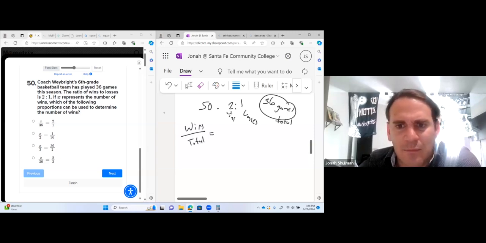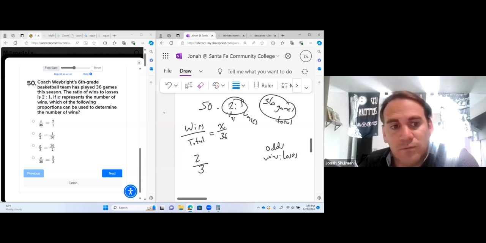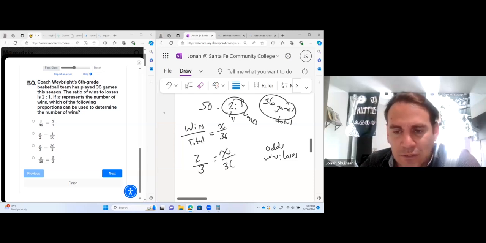Then I can figure out how many wins we have out of the 36. So we have 2 wins for every how many games? 2 plus 1 is 3. This is how odds work. It's usually wins to losses, not wins out of the total. And then it's how many wins we actually have out of the 36 games.